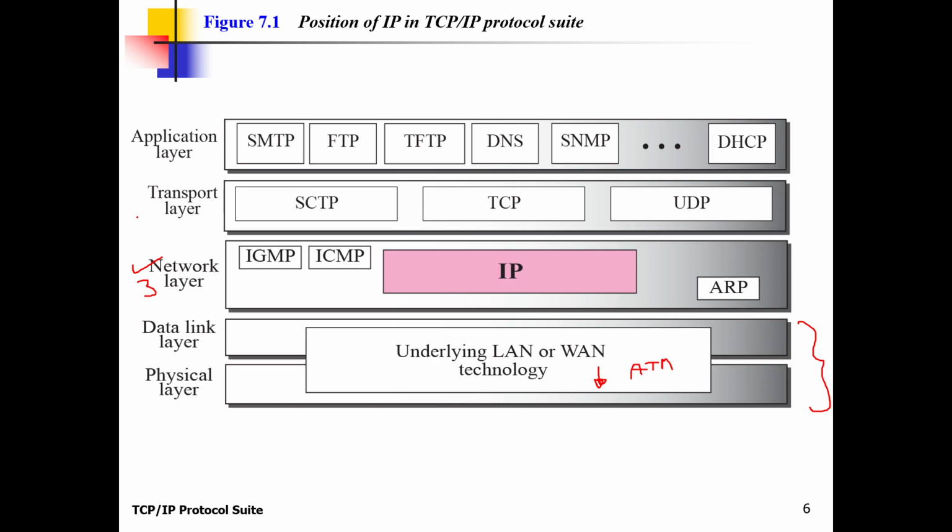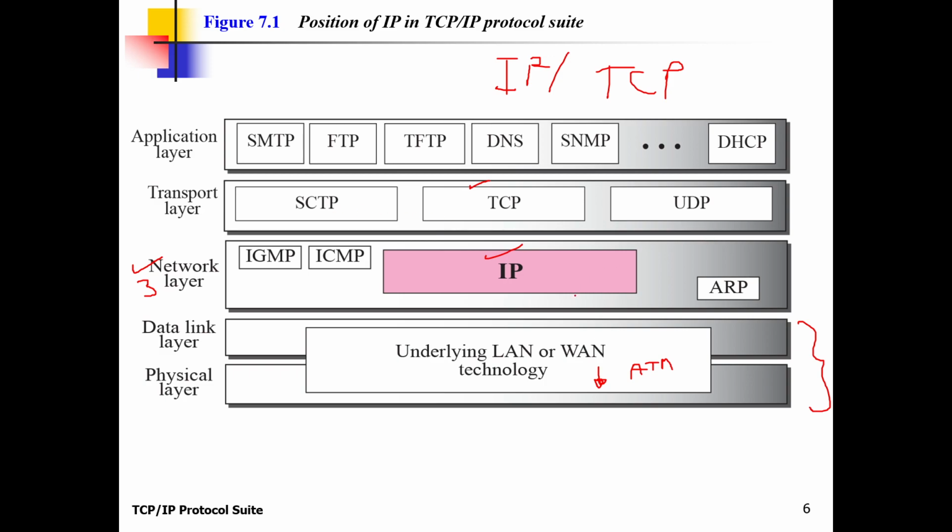Then you go to the transport layer. There is the famous one, TCP. That's why we call it the IP, TCP protocol stack. We picked these and named the stack after them. And there is the UDP, and there is the SCTP for streaming.